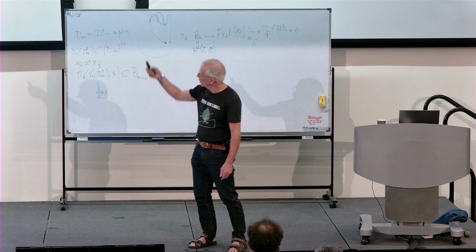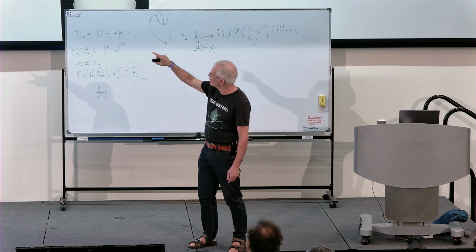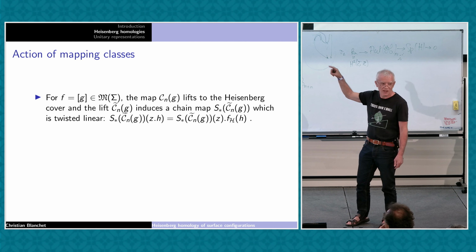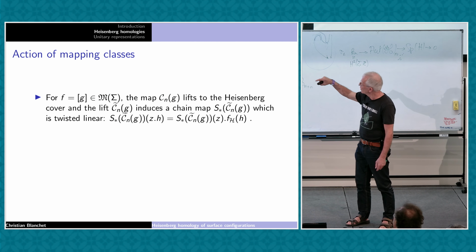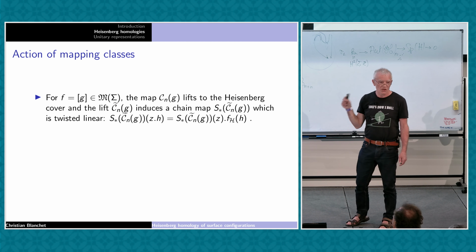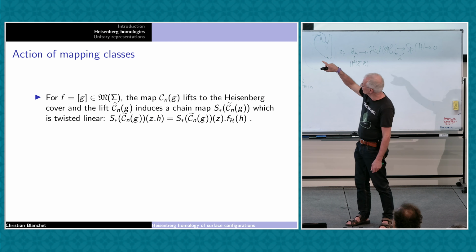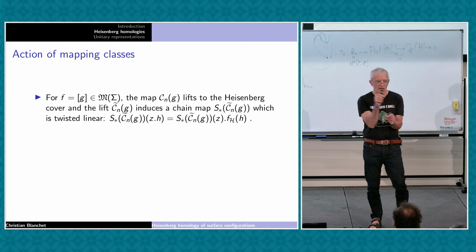If I act on the right by H, sorry, the parenthesis is not very good. You should think that H is acting on Z. Z is a chain. And then we can take the image of the chain Z, but act with the twisted element of the Heisenberg group.